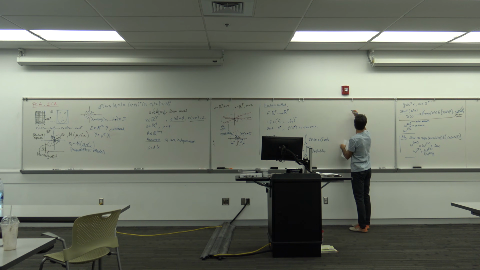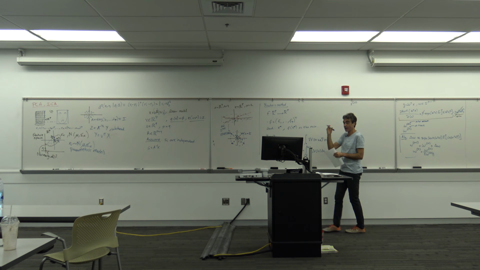Okay, so I'm going to use this final result here to derive the method. And what I'm going to say again, I'm going to use x_t to refer to the value of x at time t.